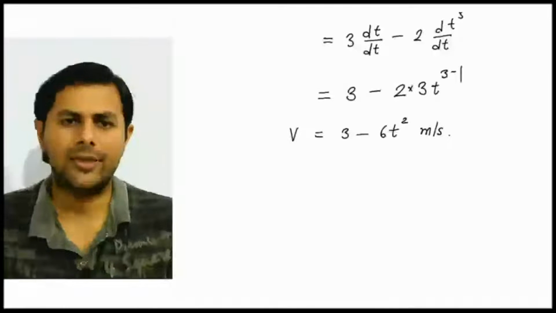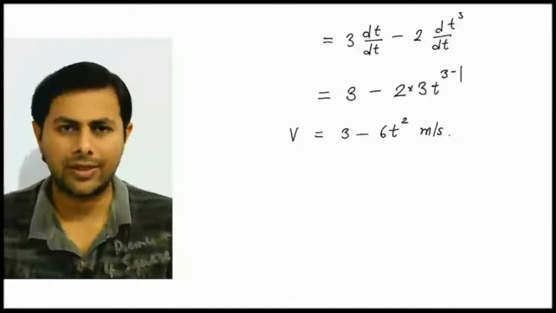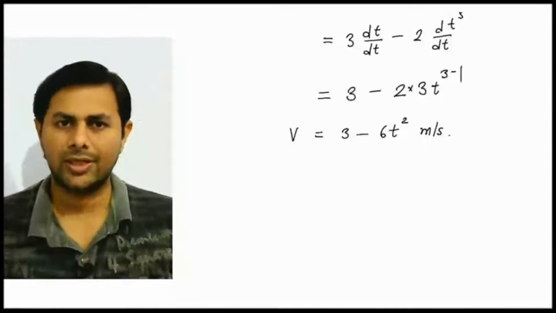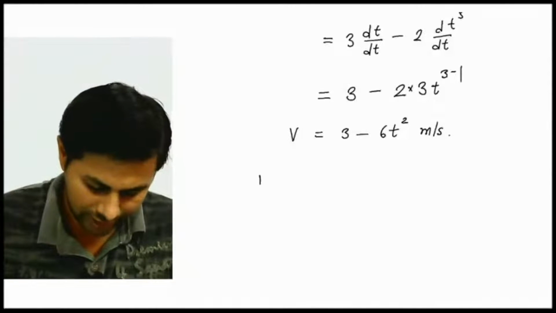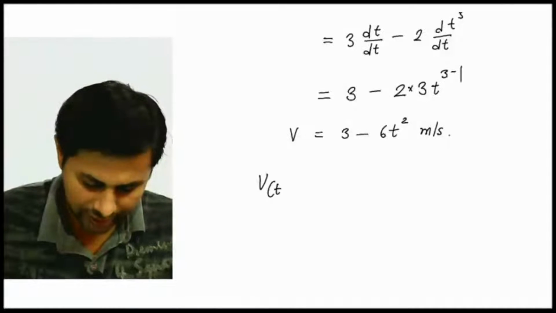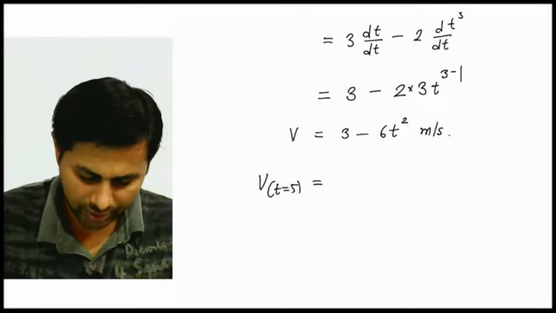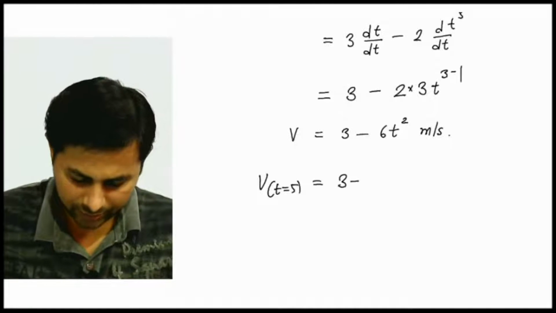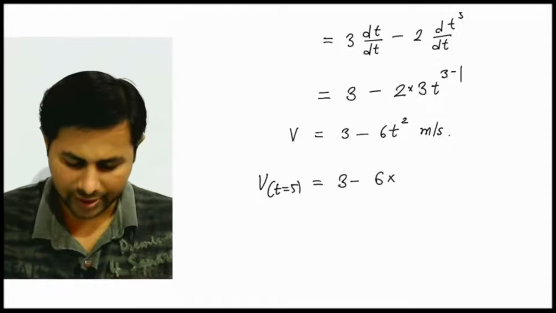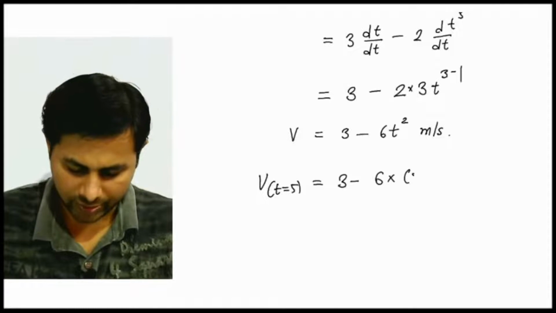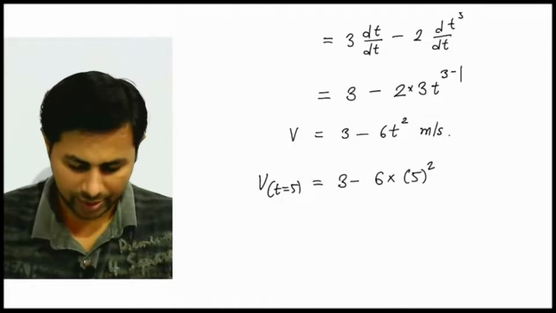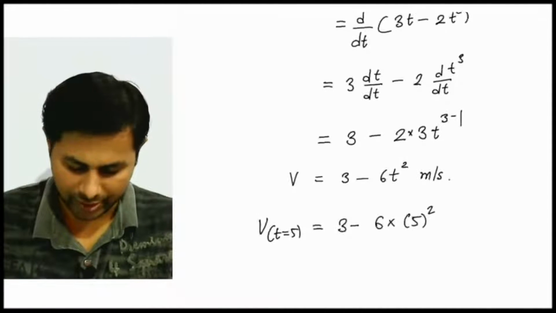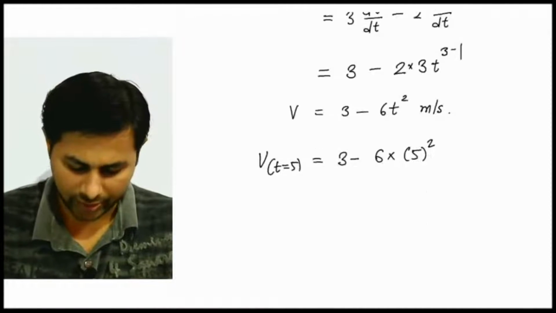Now we are asked to find velocity at t equals to 5 seconds. So let's substitute t equals to 5 seconds in the formula we got. So we get velocity at t equals to 5 equals 3 minus 6 multiplied by t squared, which is 5 squared. 5 squared is 25, 25 times 6 is how much?